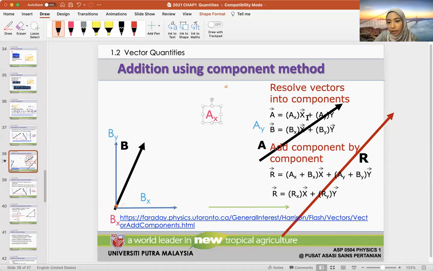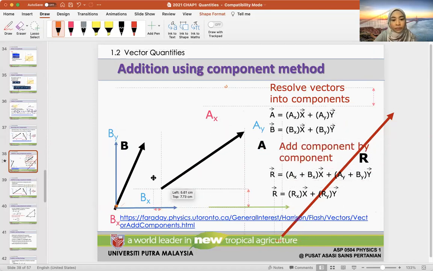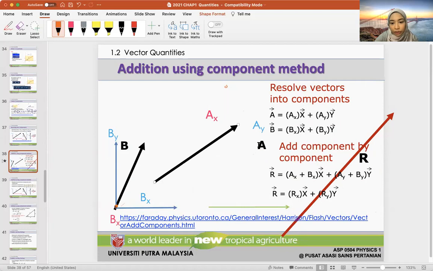So you have your A component and it's over here. It's a side. Tak jumpa jalan. Hello, come back. Okay. So this is your A component. A vector. Okay. Sama juga kita resolve. Resolve into its X component and its Y component. Okay, so let me do that.